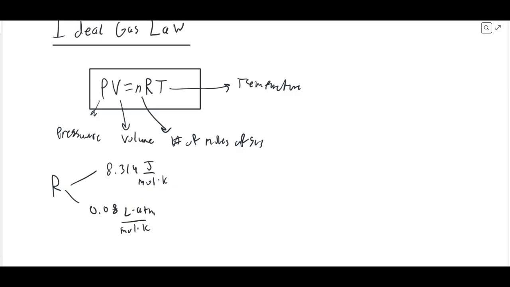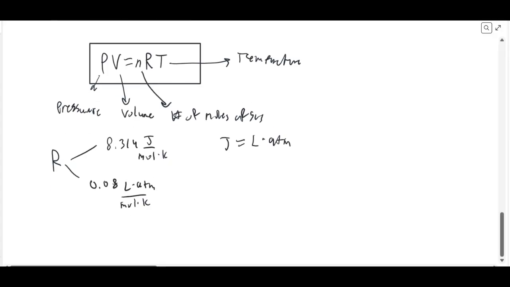Depending on what you're trying to look for, like if you're trying to solve for energy, it's better to use this equation, or if you're just looking for volume or specific atmospheric pressure, use this equation. One real note is that joules is another way of saying liters times atmospheric pressure.